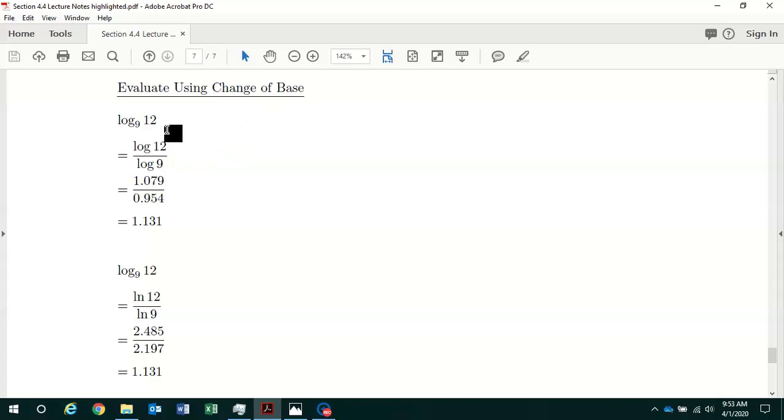So log base 9 of 12 is equal to common log of 12 divided by common log of 9, and when you do that division, you get 1.131. Similarly, log base 9 of 12 is equal to natural log of 12 divided by natural log of 9, which again is equal to 1.131.